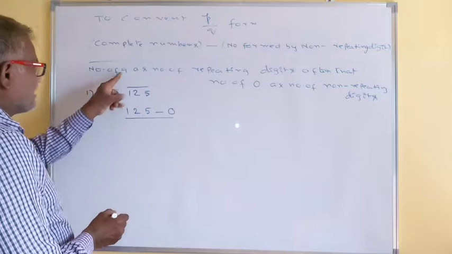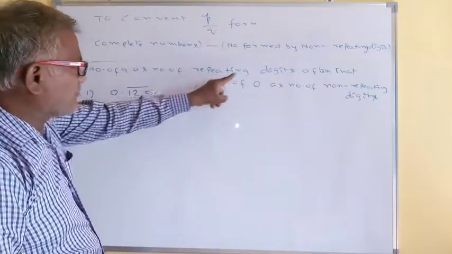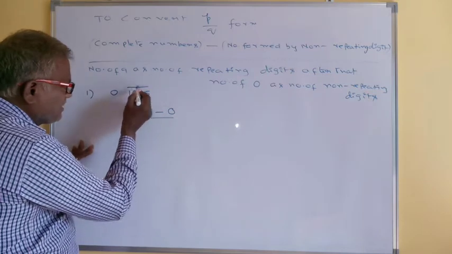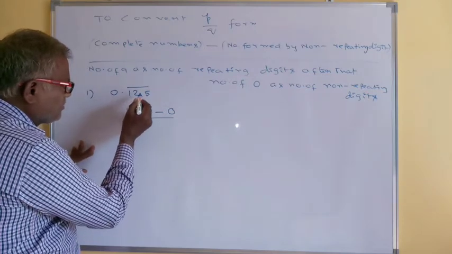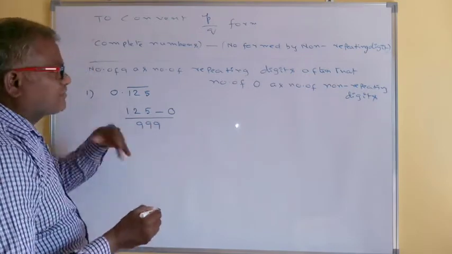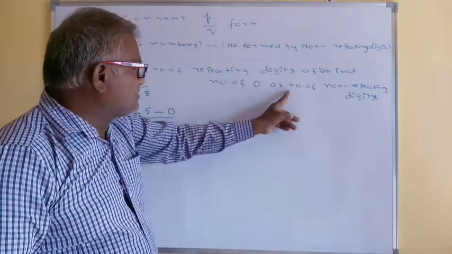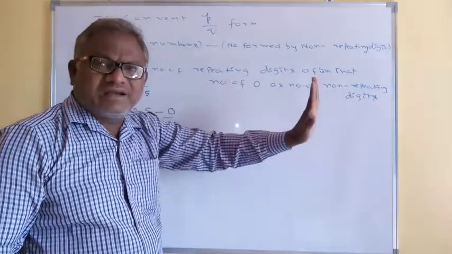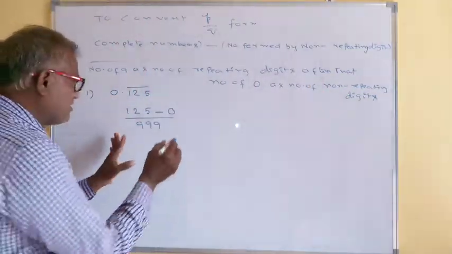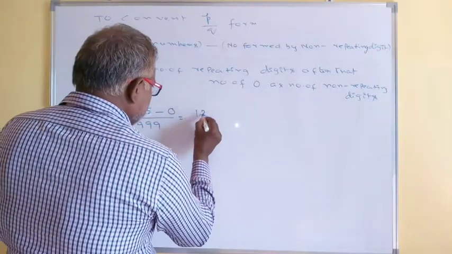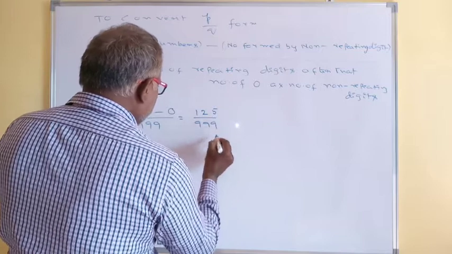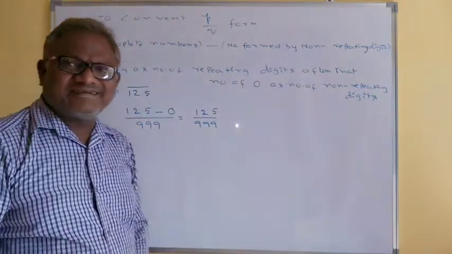Next, as many 9s as the number of repeating digits. How many? 1, 2, 3. So write down 3 nines. After that, as many 0s as non-repeating digits. Here nothing is there, so no 0 is required. So this is the p by q form.